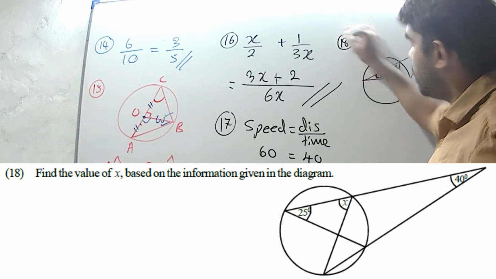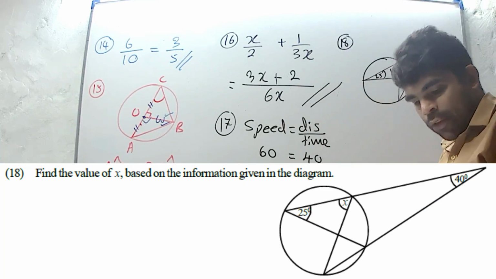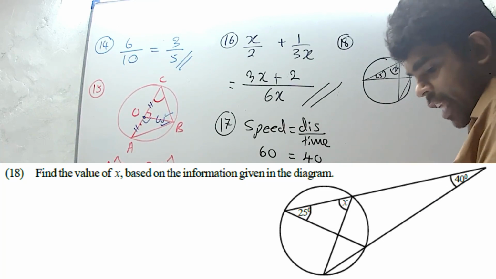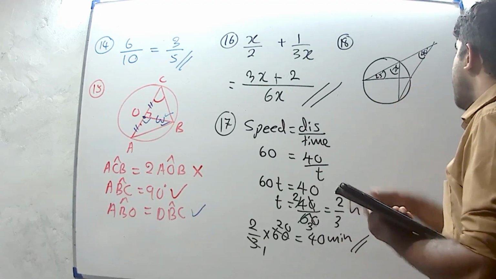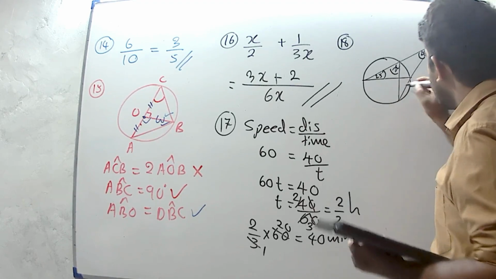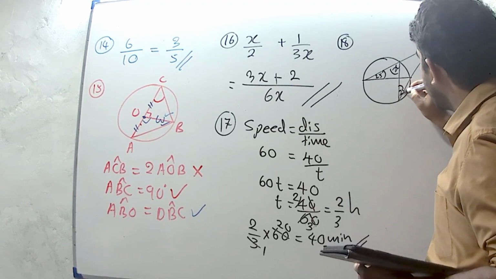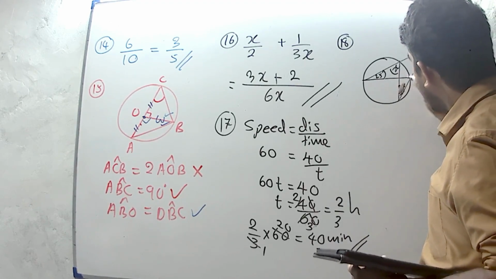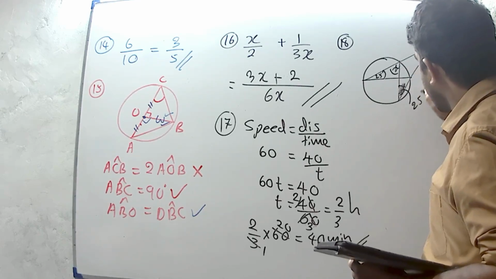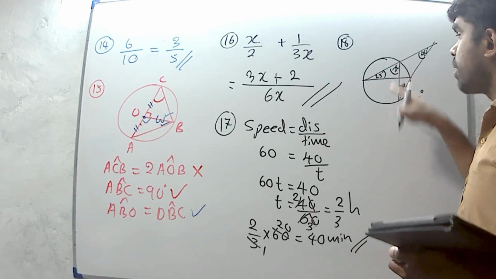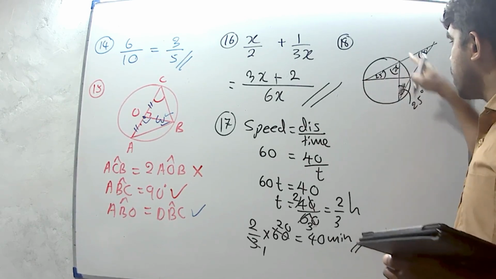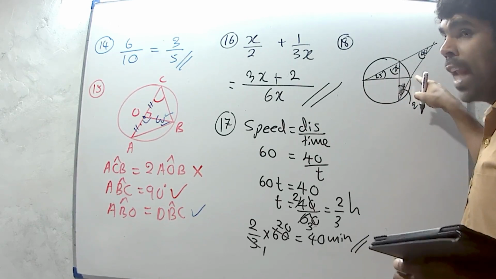Question number 18. Find the value of x based on the information given in the diagram. We can get, if this angle is 25, this angle is also 25, because of angles in the same segment, starting from this point and ending at this point.